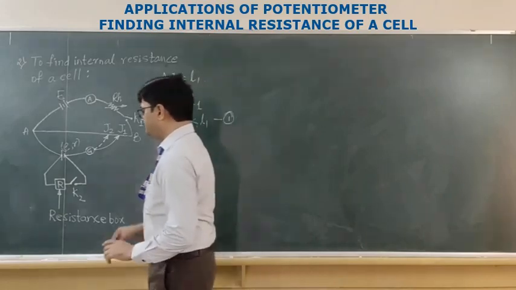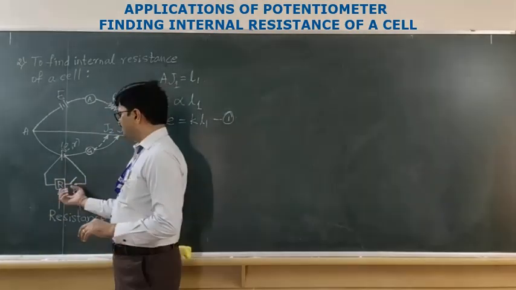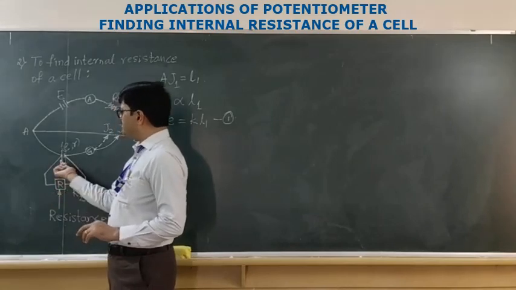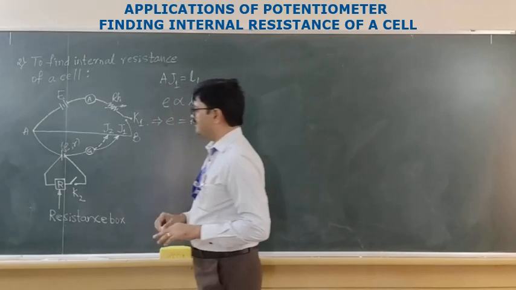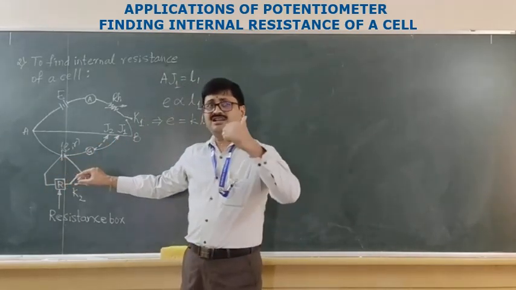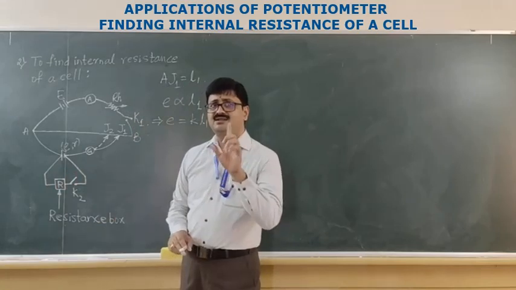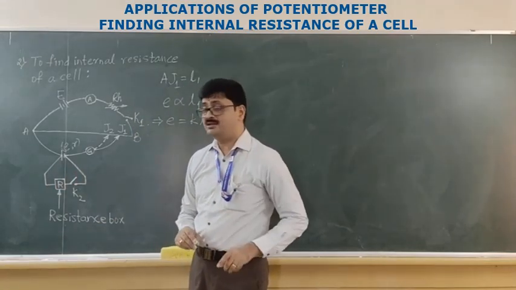So now the resistance R is set. This resistance R is receiving the current from the cell. So we can say that now the cell is delivering the current, hence the potential difference is nothing but the terminal potential difference. I hope you can agree on that, right?